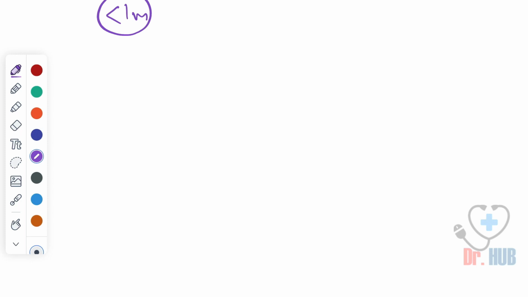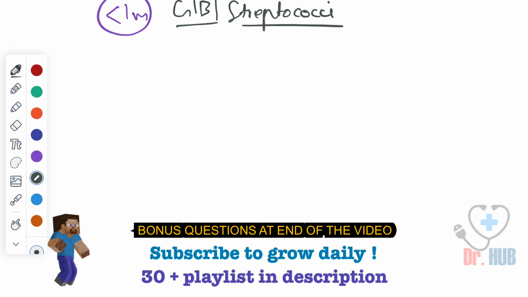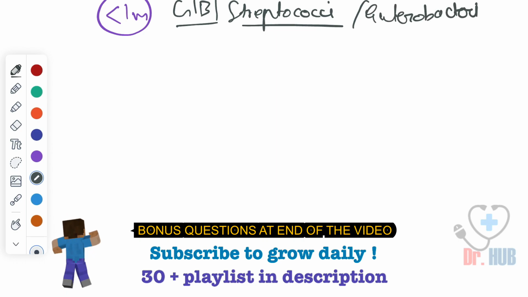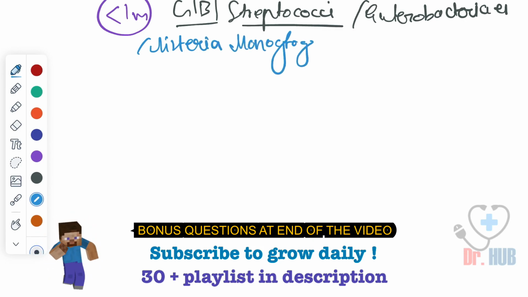Under 1 month of age, the pathogens include group B streptococci, and also the Enterobacteriaceae. Then it also includes Listeria monocytogenes.